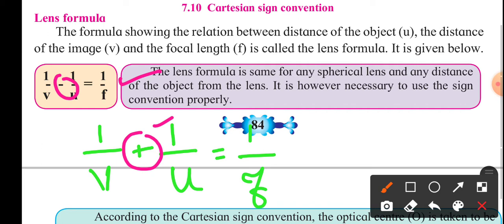Lens formula is 1 upon V minus 1 upon U is equal to 1 upon F, whereas in the mirror formula, we had 1 upon V plus 1 upon U is equal to 1 upon F. And the terms V, U and F have their names. V is the distance of the image, U is the distance of the object, and F is the focal length of the lens.